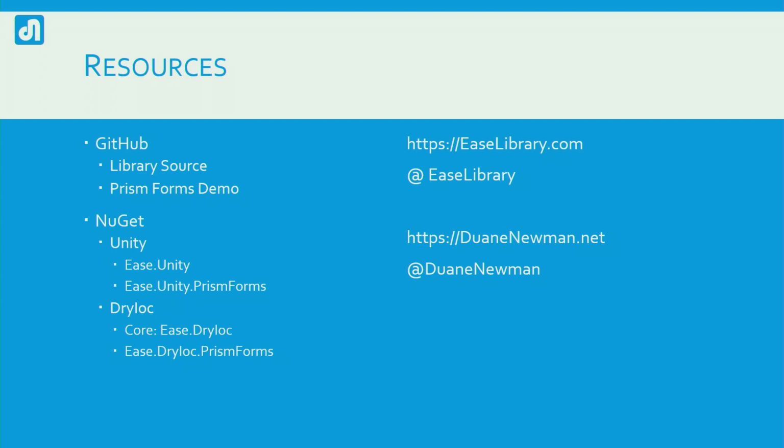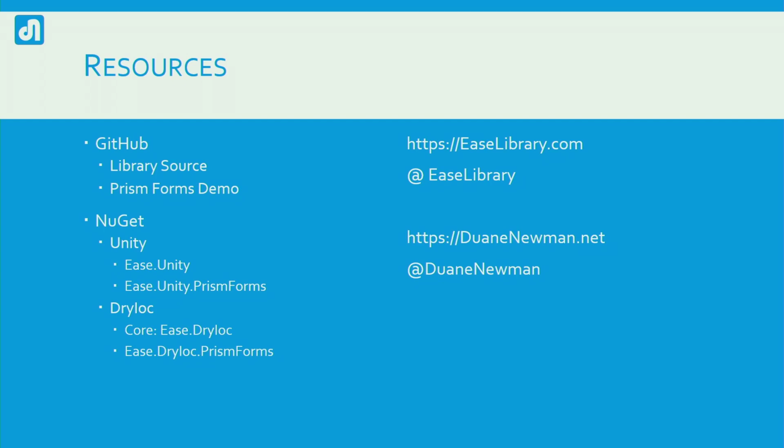Some resources out there. All this is on GitHub. This presentation is actually on the Xamarin, the Xam Dev Summit GitHub page, so you can take a look at that. You can go to easelibrary.com and find the library, all the information on how to install it. There are NuGet packages that exist out there for it today. And you can look at the source for the library, see how it's put together.